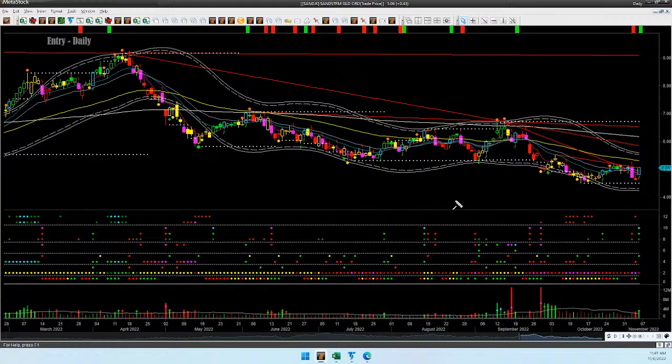SAND, Sandstrom Gold, looks like a gold mining stock. Here I am interested. It broke out of two trendline resistances with a very bullish shape candle and a possible flow setup.